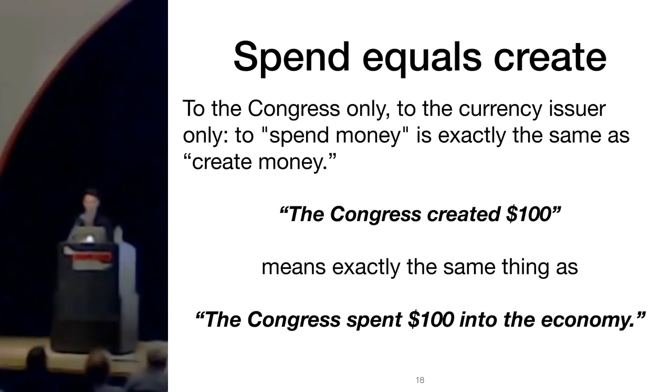To the Congress only, to the currency issuer only, the terms spend money and create money are exactly the same. So when you say the Congress created $100, that is exactly the same thing as saying the Congress spent $100 into the economy.